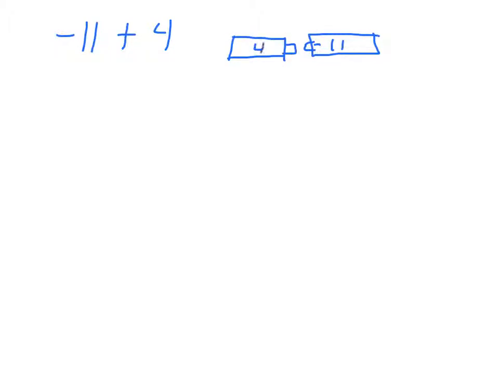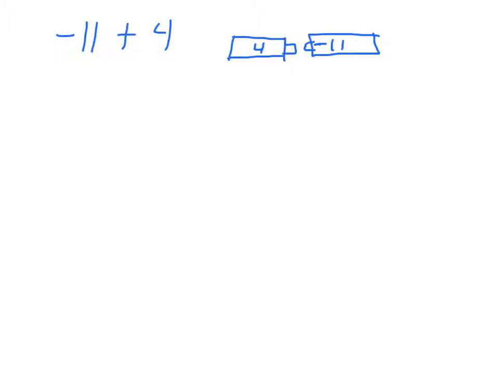Let's try another one. Let's say we see something like -11 plus 4, because that's how you're going to see it. You're not going to see batteries drawn. But think of it this way: we have a battery going this way, that's the -11, and a battery going this way, that's +4.